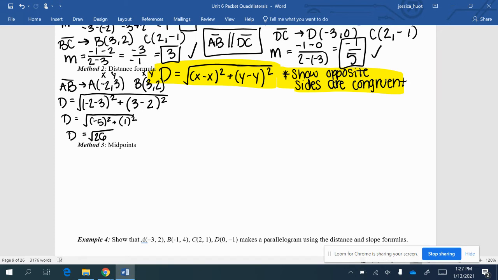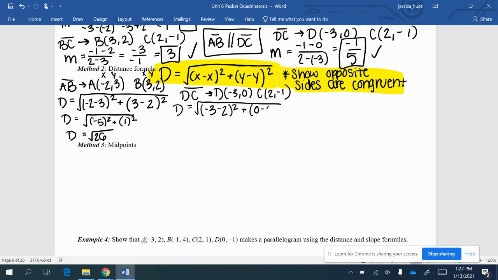And then the opposite side, DC, needs to have the same length. So DC, D is at -3, 0. C is at 2, -1. Subtract our x's, it doesn't matter what order.